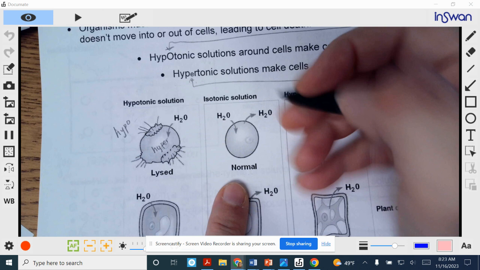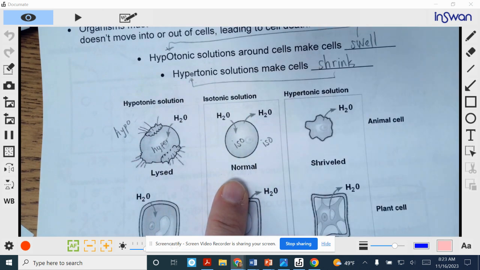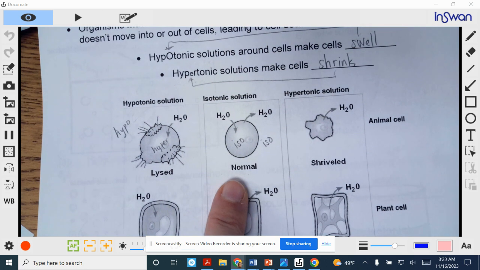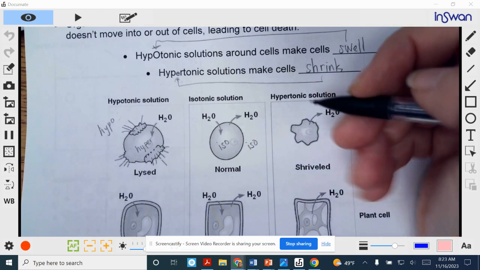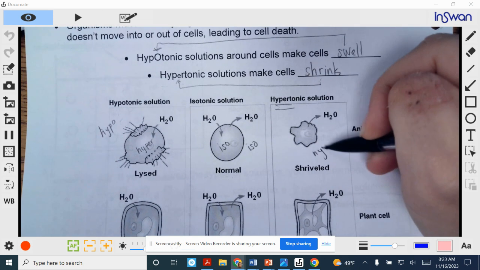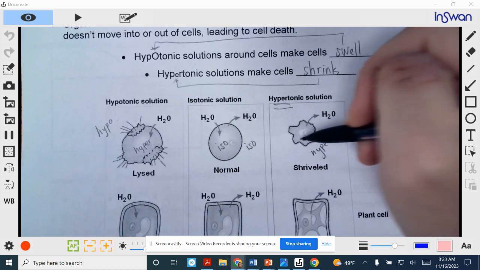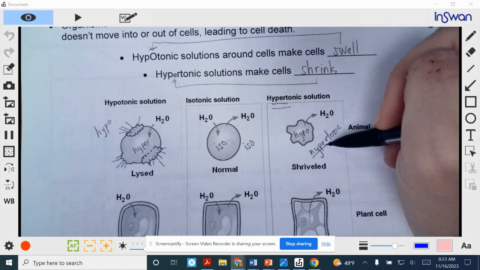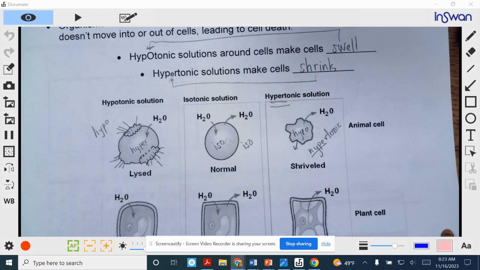We need our cells to always be in a solution that is isotonic compared to our cells, so there's no net movement of water in or out, causing our cells to shrink or swell and burst. If our cells are surrounded by a hypertonic solution, so we have a hypertonic solution outside, the inside of the cell must be hypotonic. Water goes to the hypertonic solution. It would come out and our cells would shrivel up.